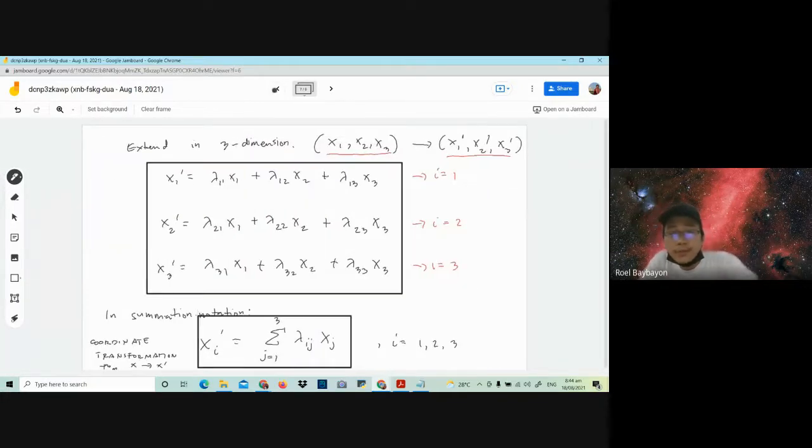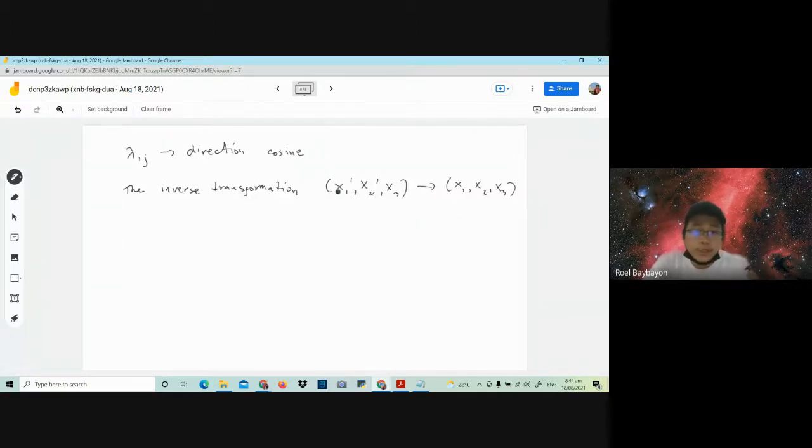The inverse transformation is this: xi is equal to summation of lambda ji xj prime, where j runs from 1 to 3, where i runs from 1, 2, and 3.